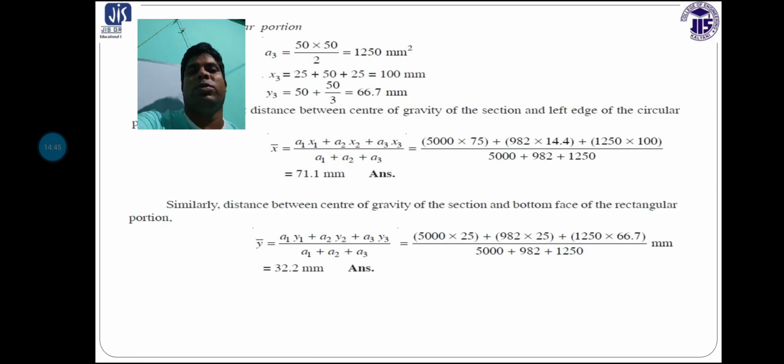Similarly, the distance between the center of gravity of the section and the bottom face of the rectangular portion, so y bar, is equal to (A1 y1 plus A2 y2 plus A3 y3) whole by (A1 plus A2 plus A3). Now after putting in all the values, again we get y bar is equal to 32.2 millimeter. So y bar is equal to 32.2 and x bar is equal to 71.1.